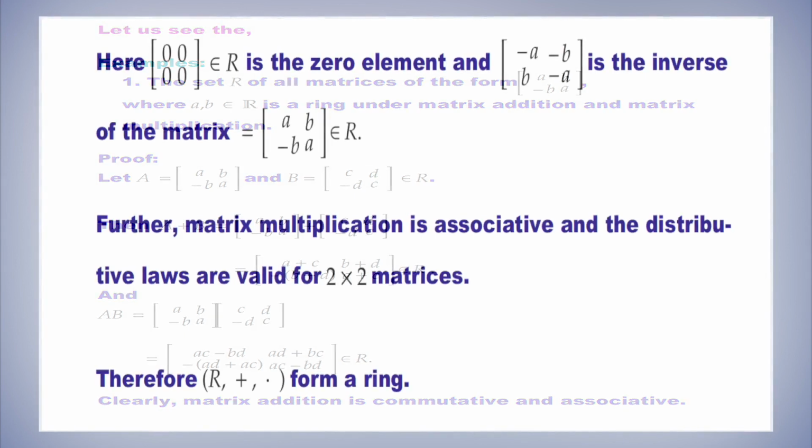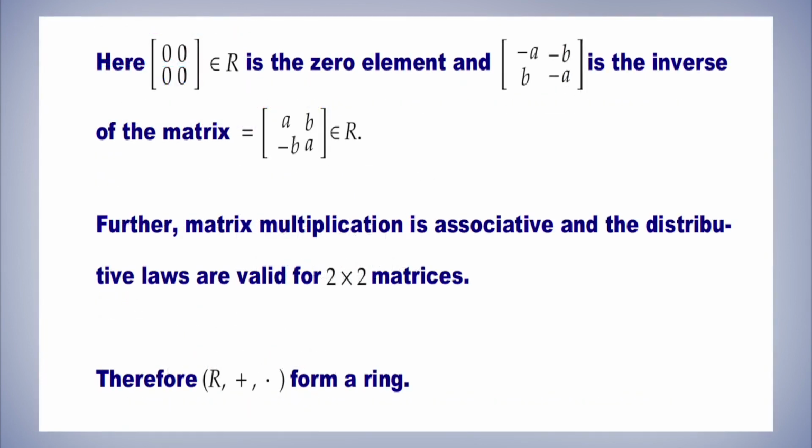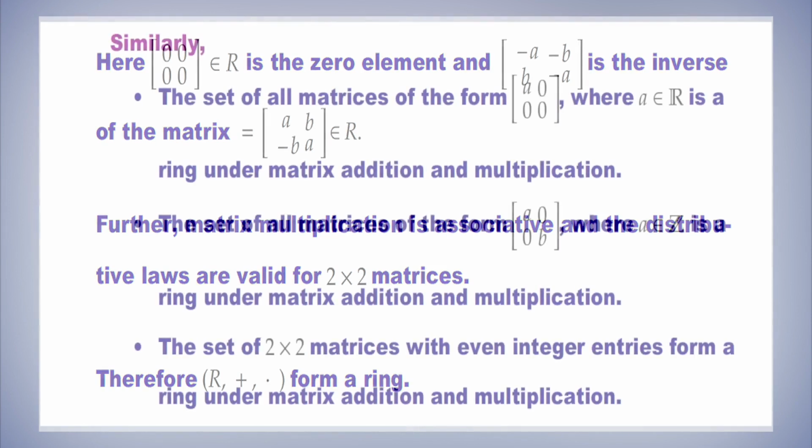Here, the zero matrix is in R and is the zero element, and [-a -b; b -a] is the inverse of the matrix, which is in R. Further, matrix multiplication is associative and the distributive laws are valid for 2 by 2 matrices. Therefore, R under addition and multiplication forms a ring.